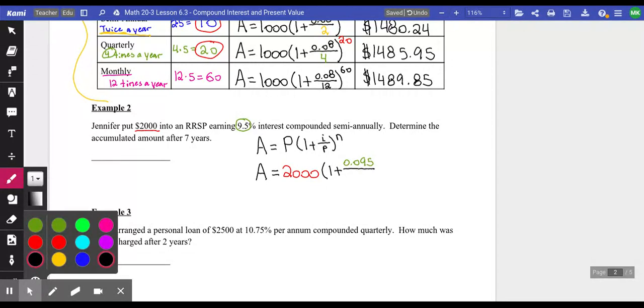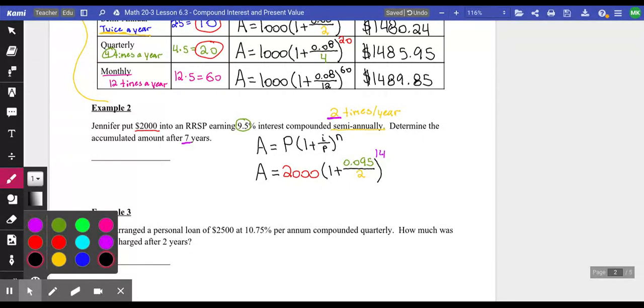Divided by little p, which is the number of times I'm being charged in a year. I find that value right here when it said semi-annually. That means 2 times a year, so my little p value is 2. And that's all to the power of the total number of times I'm going to be charged interest. If I'm being charged 2 times a year for 7 years, 2 times 7 would be 14 times I'm being charged interest.